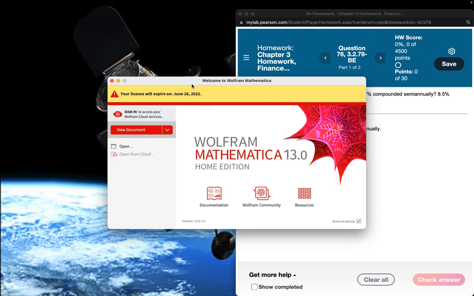So, guys, when you have issues with your installation, like I have an issue here, it says your license will expire on June 28th, 2022. If there's an issue, and I shouldn't be getting that warning message, make sure you reach out to customer service at Wolfram Research.